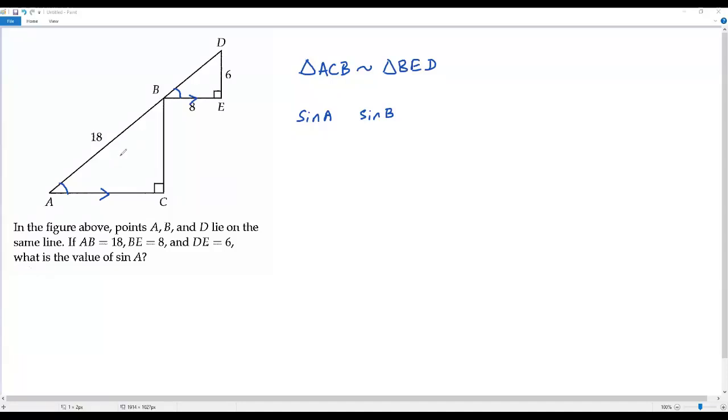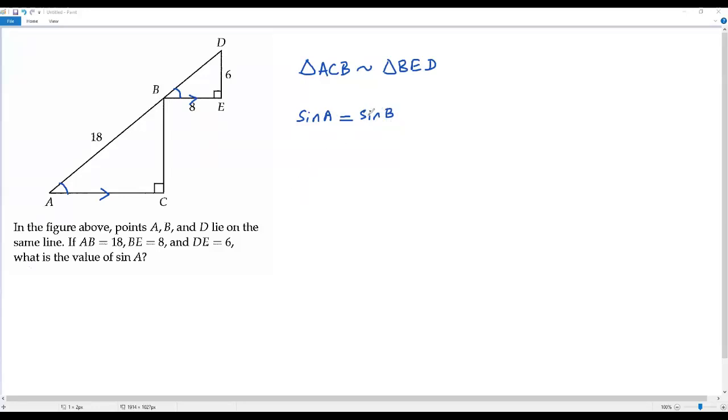Whenever two triangles are similar, when I find the value of a trigonometric function at the corresponding vertices, they must be equal. So the value of sine A and the value of sine B must be equal, because in these two similar triangles, A and B are the corresponding vertices.